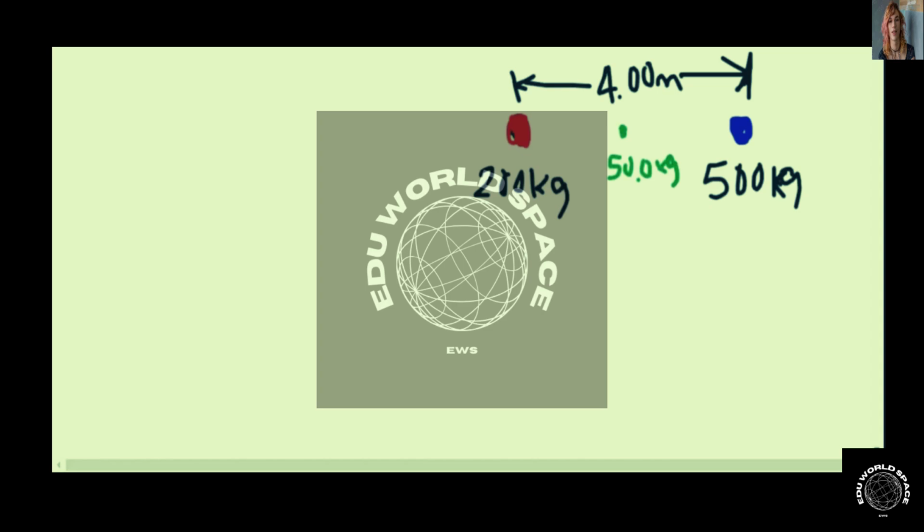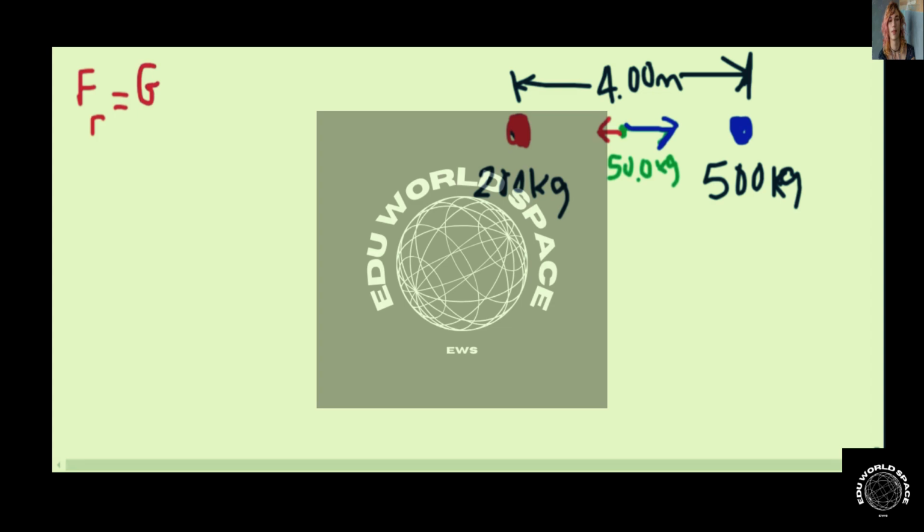Well, notice that the blue object is exerting a force in that direction, and the red object is exerting a force in this direction. Now, the force exerted by the red object is smaller because it has less mass. So there are 2 forces.